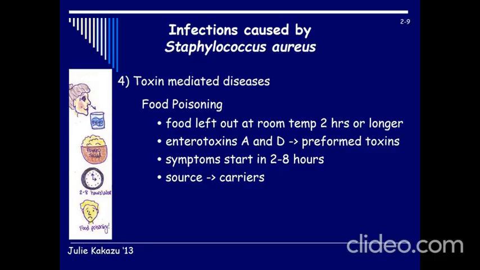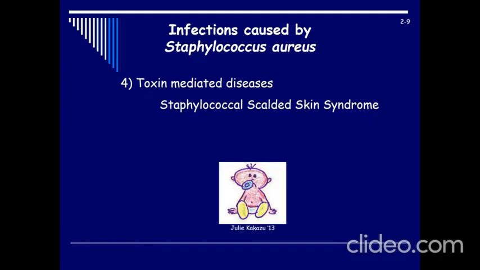Now, the last toxin-mediated disease we're going to talk about is staphylococcal scalded skin syndrome. Say that 5 times fast. Staphylococcal. I can't even say it 1 time fast. Staphylococcal scalded skin syndrome. Now, this is an exfoliative toxin, and it's also called Ritter's disease.